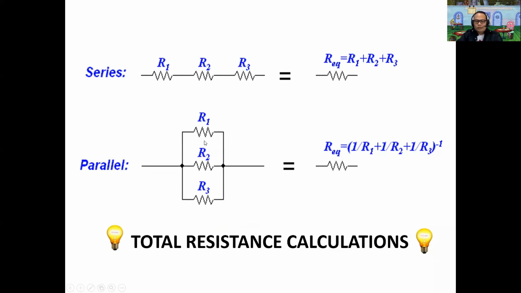Now for parallel, R1, R2, R3, if you want to get the total resistance of these three resistors connected in parallel, you add the reciprocals of R1, R2, and R3, and after adding that, you take the reciprocal again. So that is the total resistance calculation of parallel resistors.